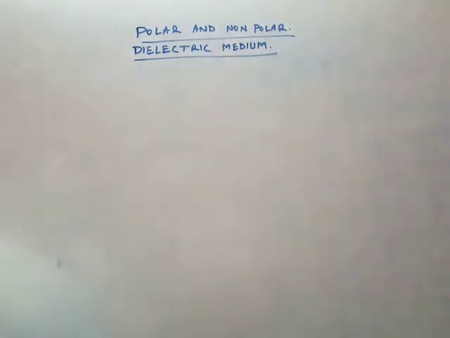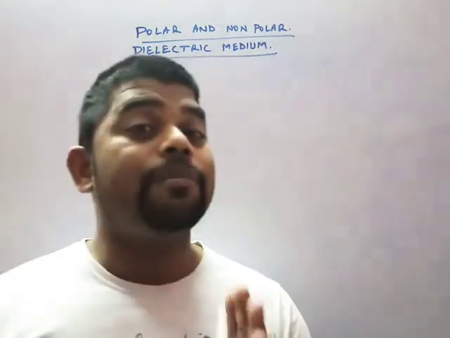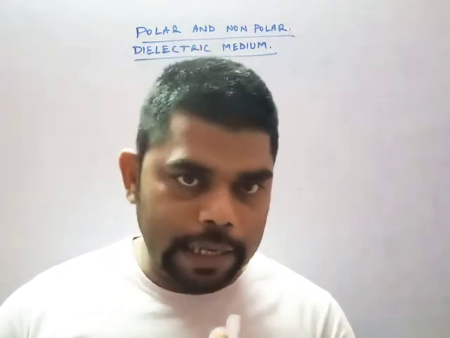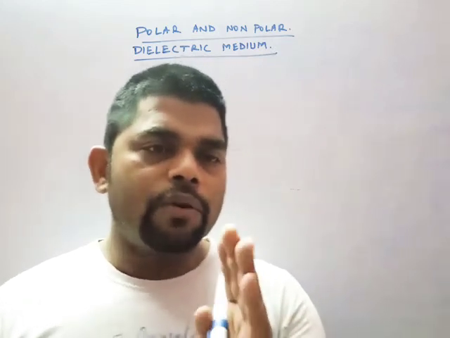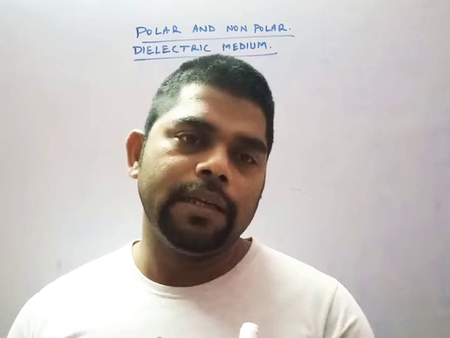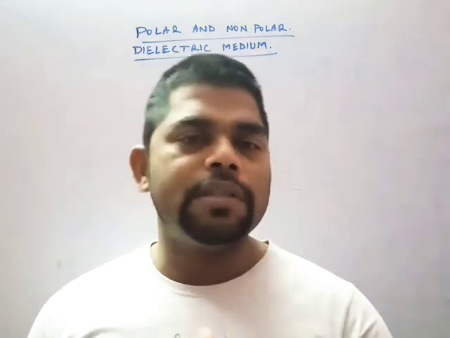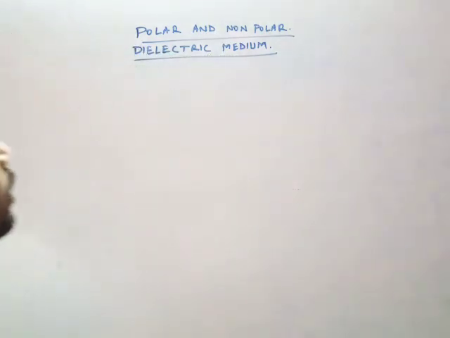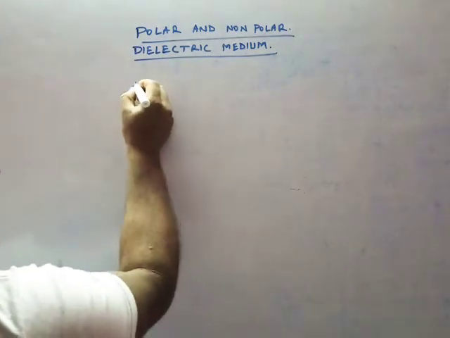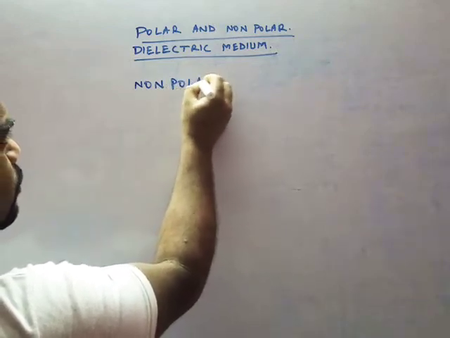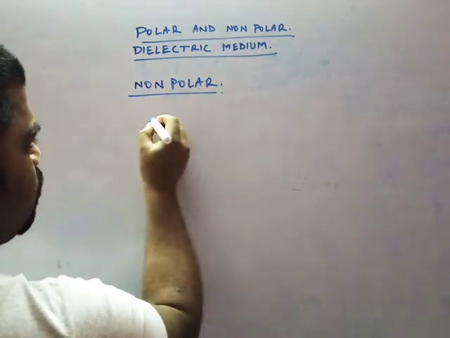First of all, let me define once again that dielectric means insulator, not a conductor. It means we are going to discuss the molecules. Inside the molecules there are positive and negative ions. Let me take non-polar first.